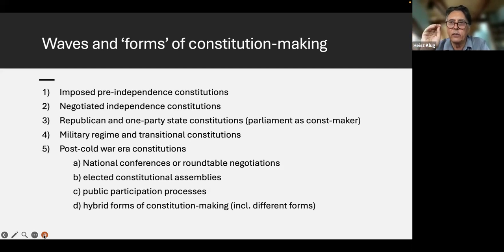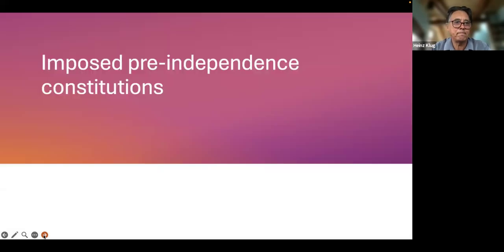So people talk in terms of waves of democracy, waves of constitutionalism, but I want to think about it more in terms of the forms of constitution making itself. So I'm going to identify these 5 general forms and go through each one of them just as a way for us to understand or think about this. Let's start.